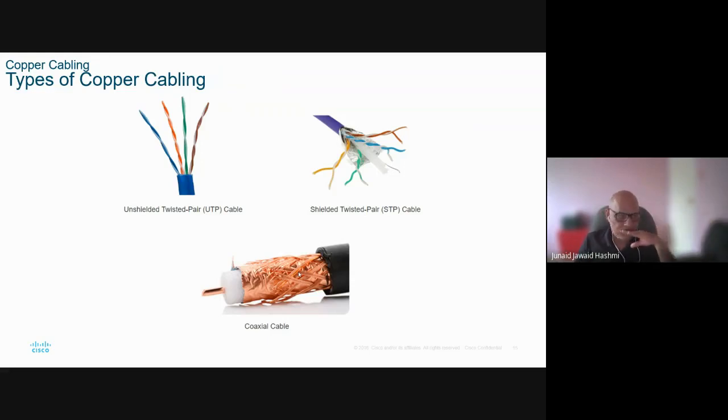But this is a thing of the past. You will never see coax cable in a local area network. Now the coax cable is only used as a backbone or to provide internet connection. Okay, like Videotron. So you have a cable connection, so they use coax cable.